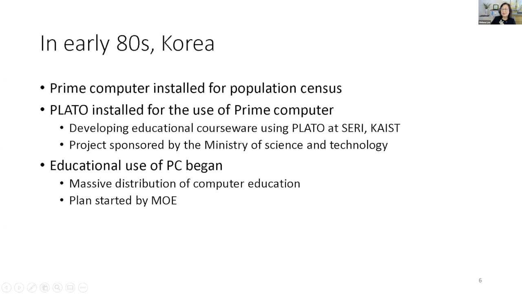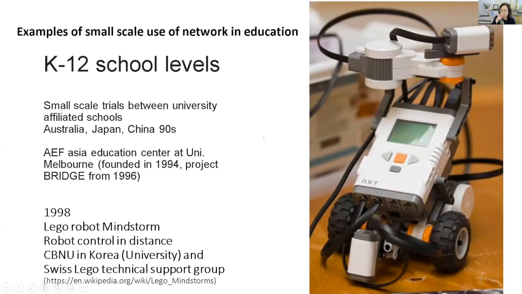And that was the time to see the emerging of PC. So small-scale trials happened here and there, and I can recall only a few of them. During the late 80s and 90s, small-scale trials between university-affiliated schools in Australia, Japan, China, and Korea happened.